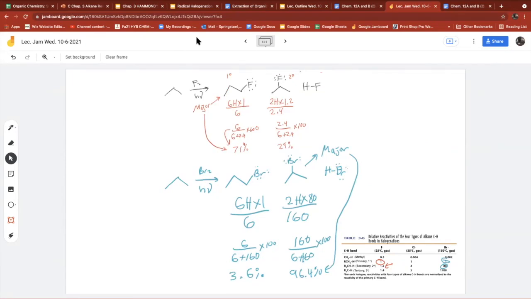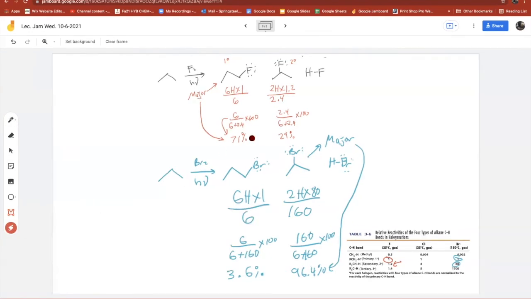So yeah, we can explain this with the Hammond postulate. The difference in activation energy to make the secondary radical versus the primary for bromine is big, because the transition state looks more like a secondary carbon radical than a primary carbon radical. So it's faster to form the secondary carbon radical, which leads to this product. It's 80 times faster.